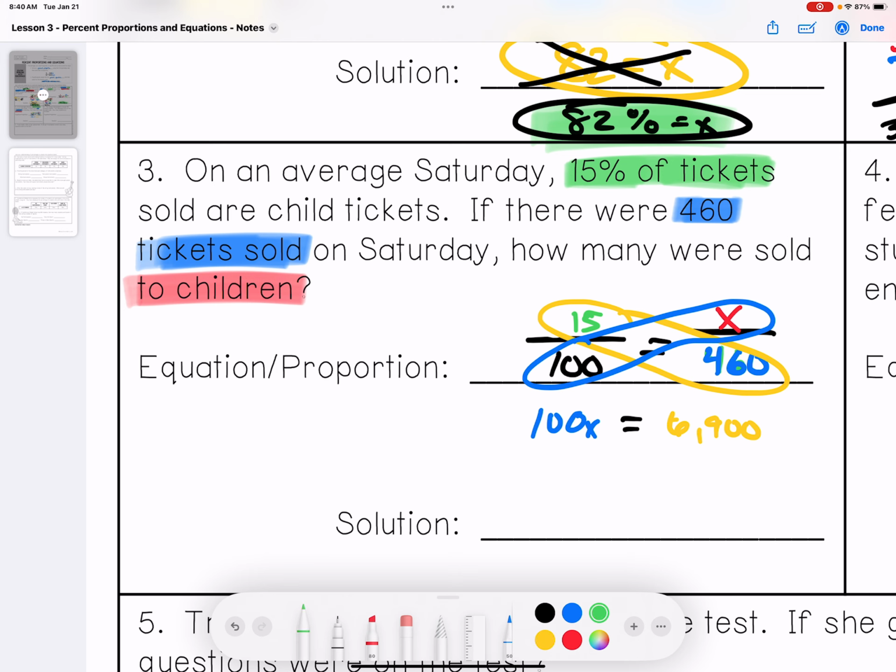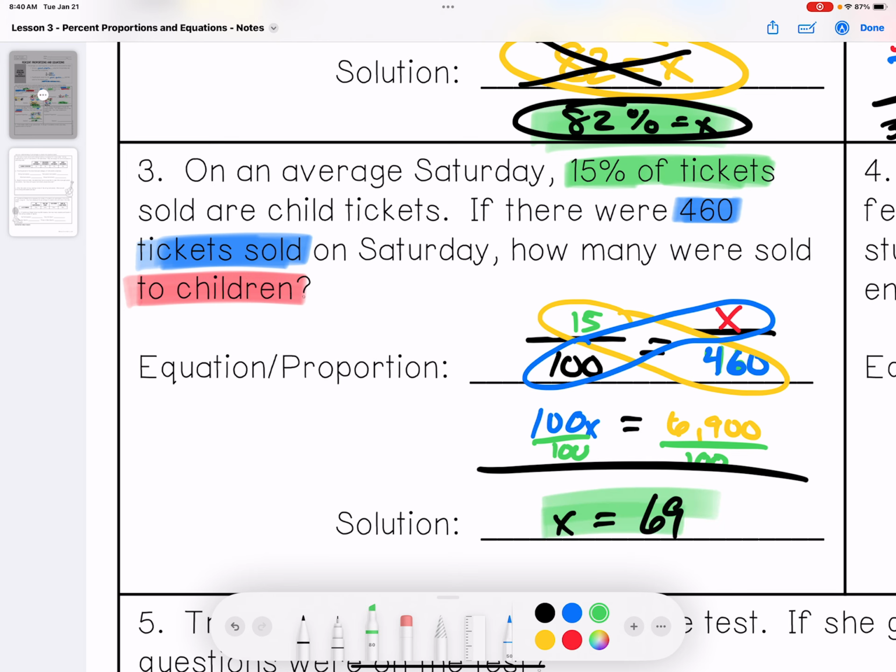Now you're going to divide by 100. And your answer is going to be x is going to equal 69. Now, this time it is not percents because it's talking about tickets. So it is not percents this time.